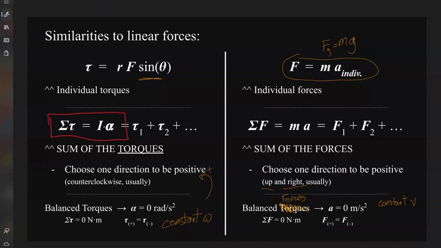And then alpha, our angular acceleration, is our rotational equivalent of a, acceleration. So the sum of the torques equals I alpha. So AP gives you this equation in the form of alpha equals the sum of the torques over I, over the rotational inertia. That's how AP gives you that equation.